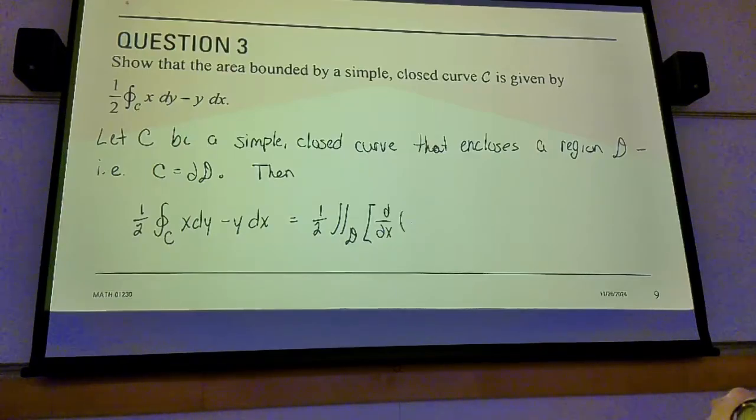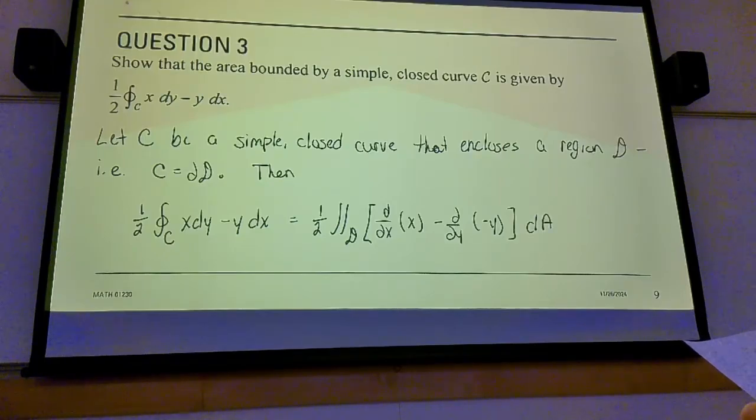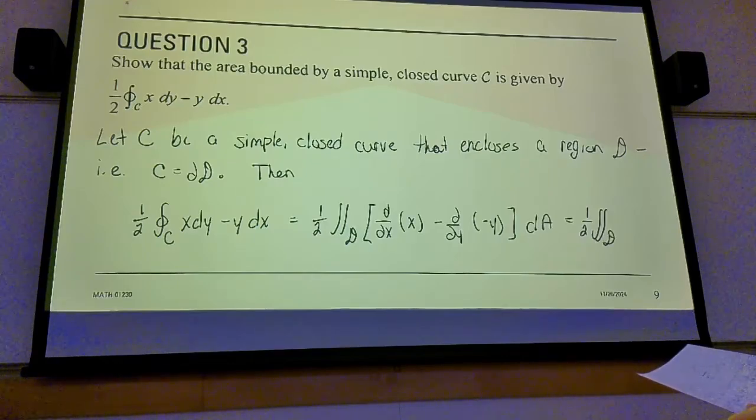Then this would be true, right? Simplify down to just 2 dA. Half times 2 is 1, right?